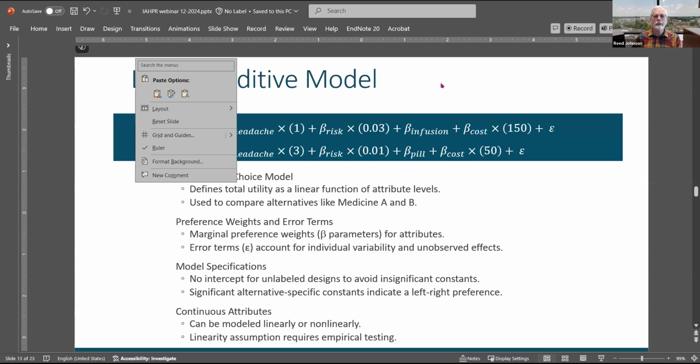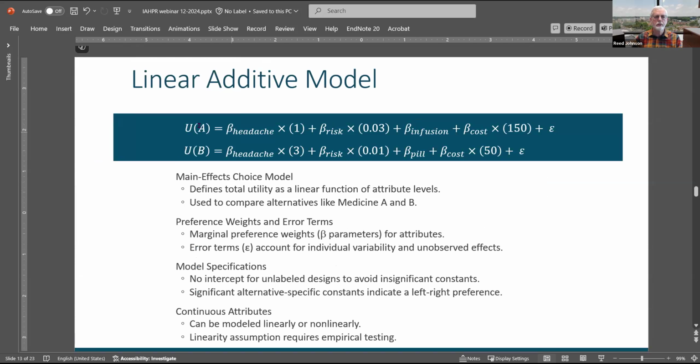So for a linear additive model, all we do is, for the 2 alternatives that I showed you a couple of slides earlier, remember the headache, it was 1 headache versus 3 headaches. The risk was 3% versus 1%. It was infusion versus pill, and $150 versus $50 cost.